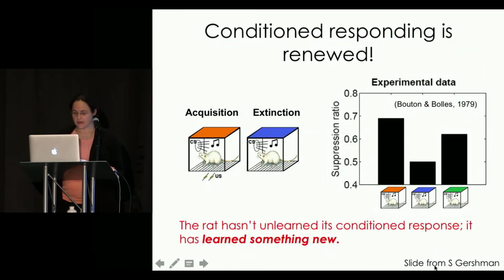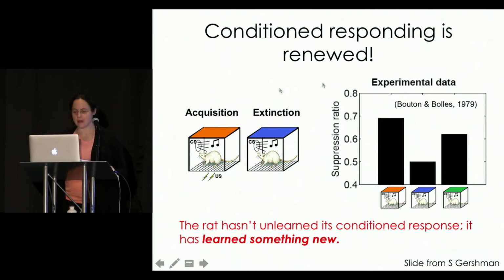So what we find is that even though during extinction the animal learned to stop freezing because it stopped receiving shocks, that's reflected in the test phase here. When the animal goes back to the acquisition cage, the fear response comes back very strongly.